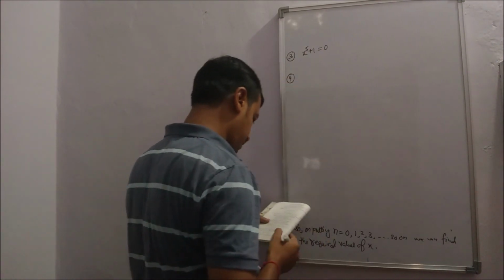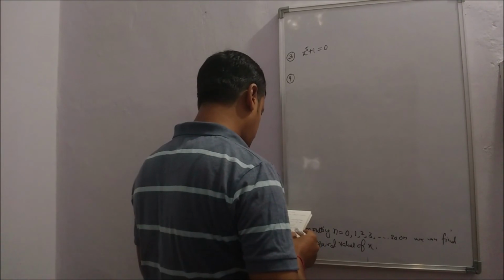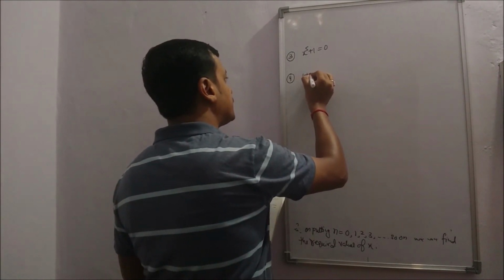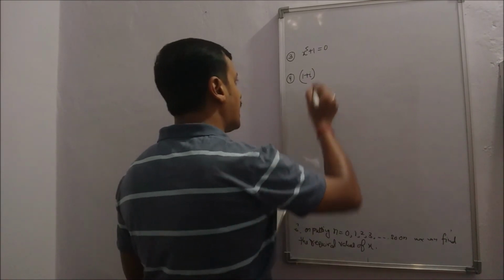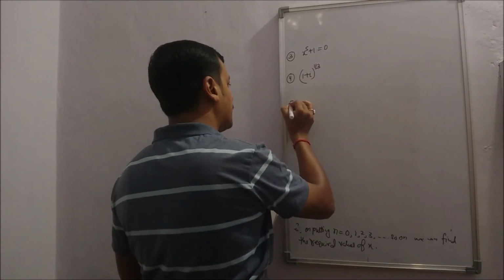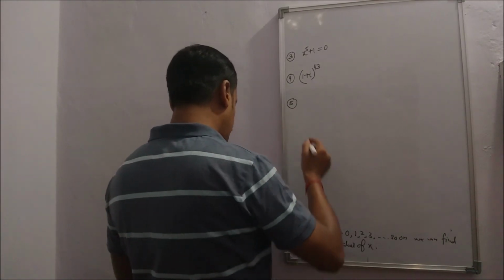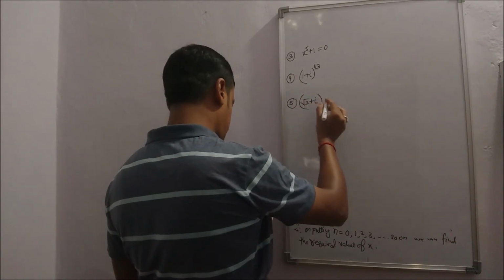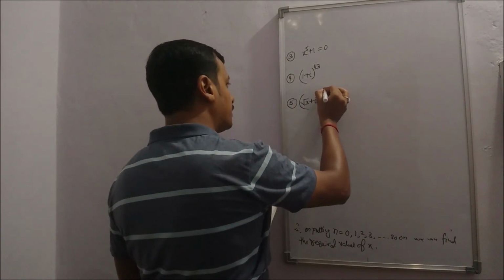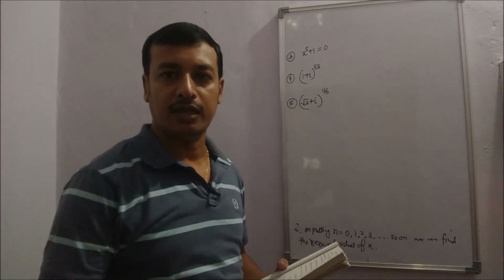Number 4, 1 plus I to the power 1 by 3. Number 5, root 3 plus I to the power 1 by 6. So these three problems are solved in the next video.